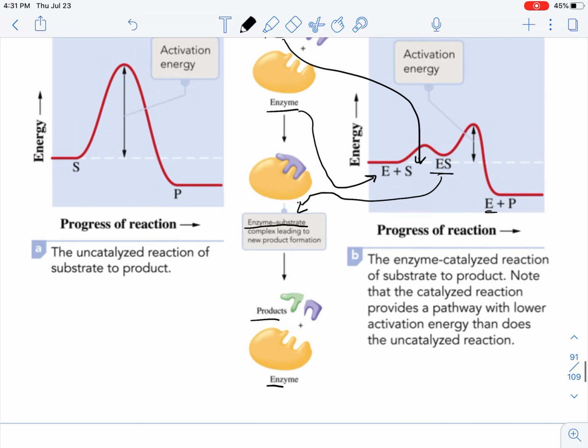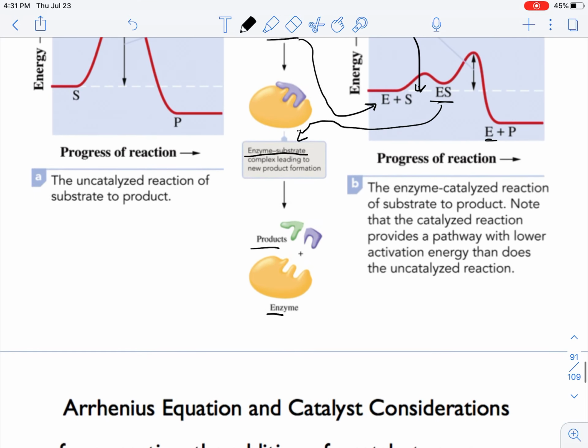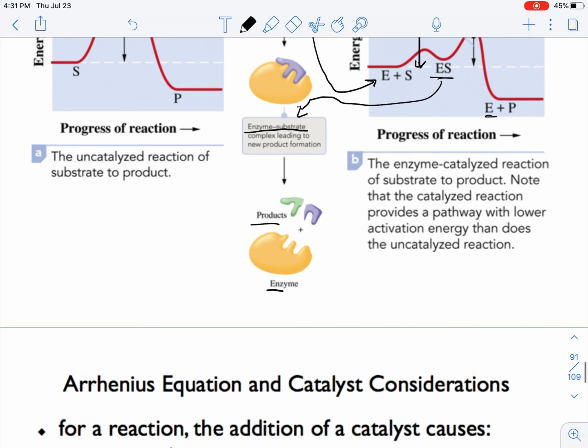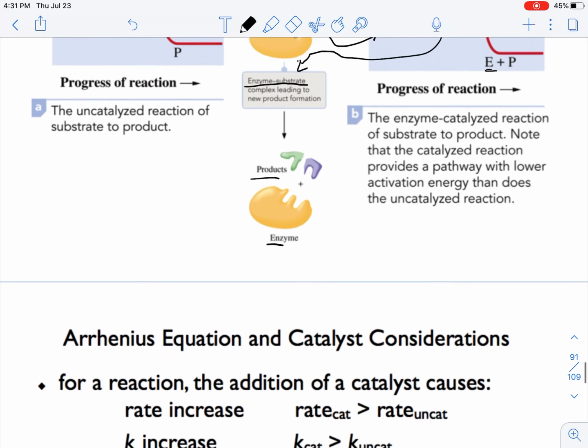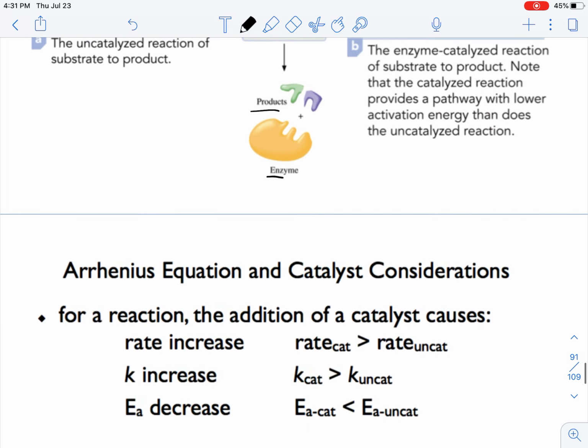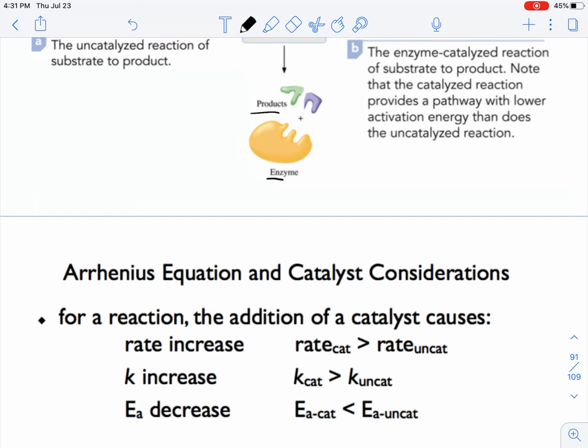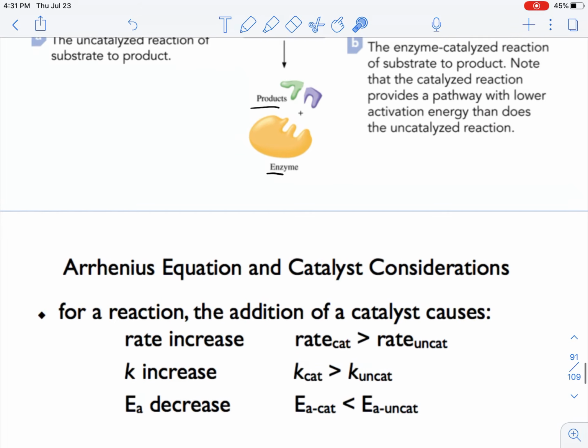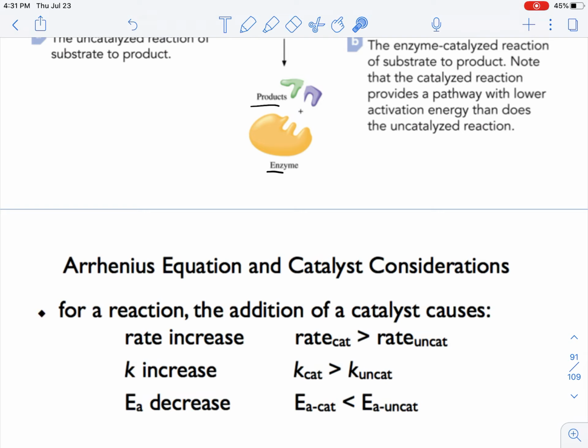Okay. All right. Let's go ahead and discuss the effects of catalysts with respect to the Arrhenius equation. First and foremost, the addition of a catalyst causes the rate of the reaction to increase. In other words, the rate of the catalyzed reaction is much greater than the rate of the uncatalyzed reaction. Those are the take-home points.